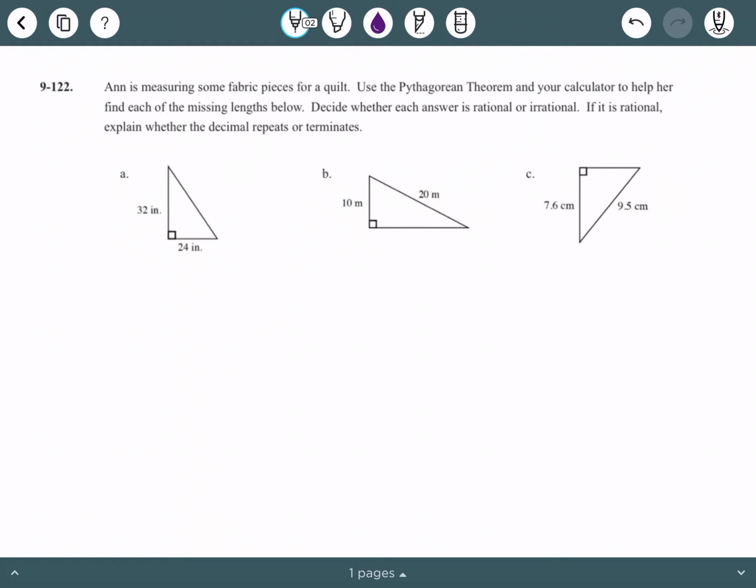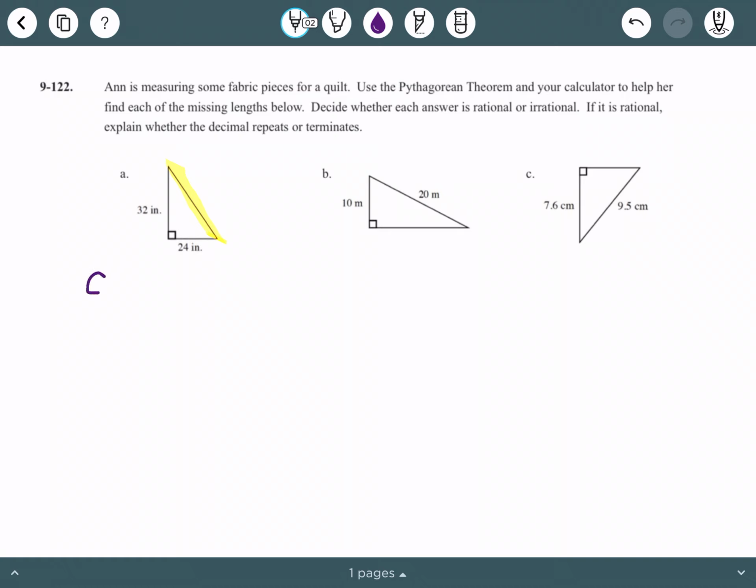All right, so let's have a look at A first. You can see that we are given the two legs of the triangle, and we need to determine the length of the hypotenuse, this side right here. In order to determine the hypotenuse, we're going to use the Pythagorean theorem like they told us.